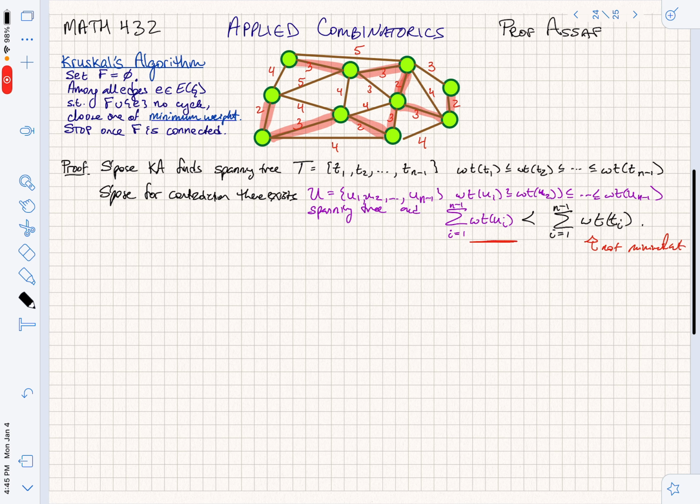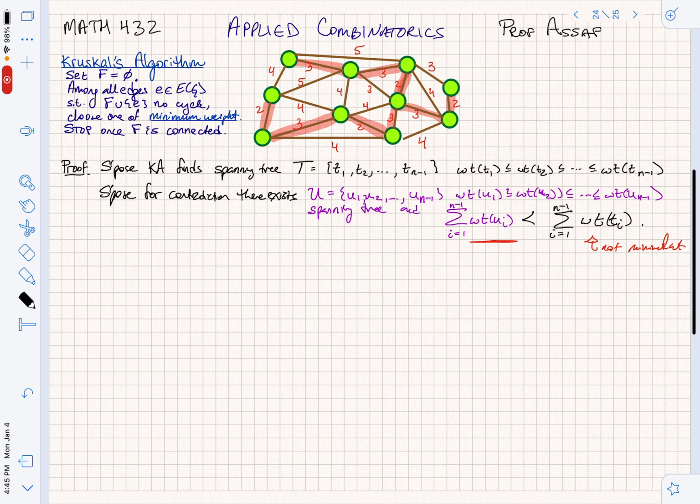And I've put this ordering on the edges of my tree so that I can take advantage of the fact that the algorithm works by taking one edge at a time. Kruskal's algorithm, you can always take this to be the first edge that Kruskal's algorithm found, this is the second edge that it found, because it's always finding the minimum edge at every step.